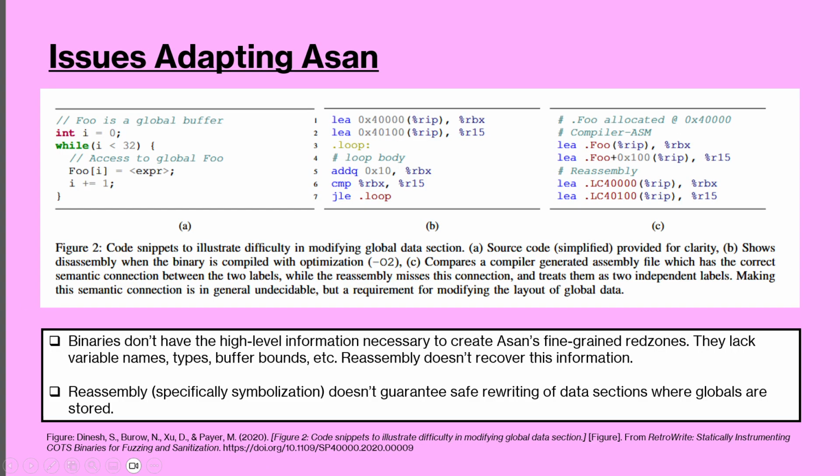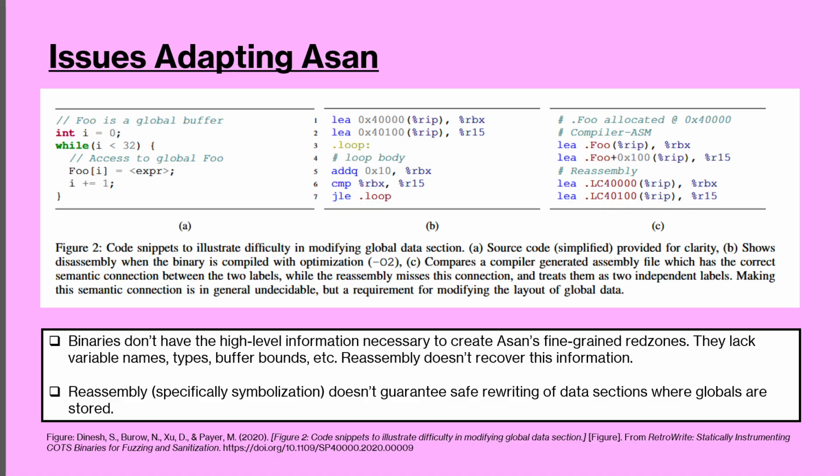Furthermore, global variables aren't red zoned, because symbolization alone cannot guarantee correct transformation of the data section layout. So, for example, in this case, we would have a for loop, as well as access to a global variable within that for loop.